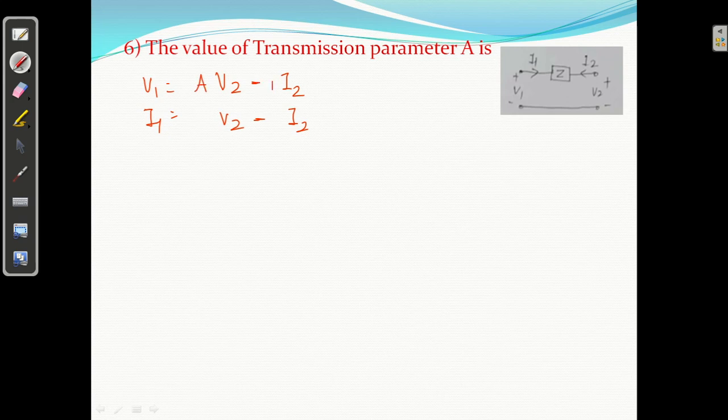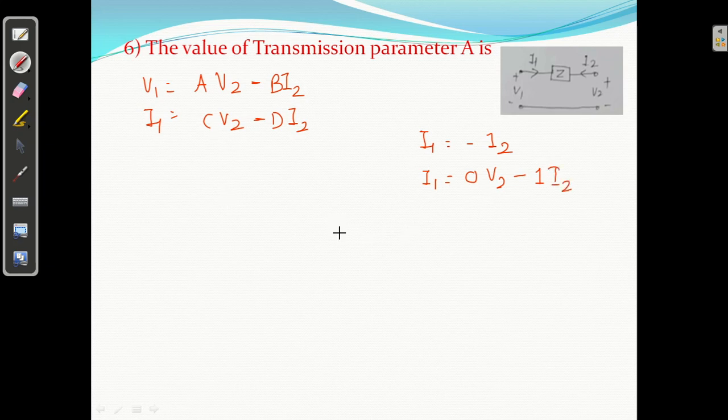This is A, B, C, D. Now I1 equals what? I1 equals 0 V2 minus 1 I2. So you got C and D.